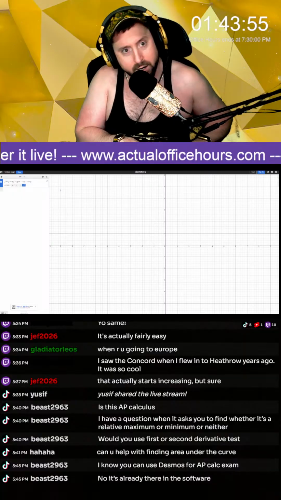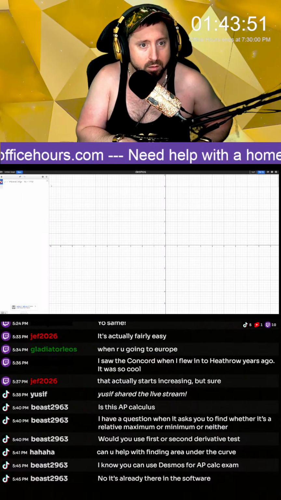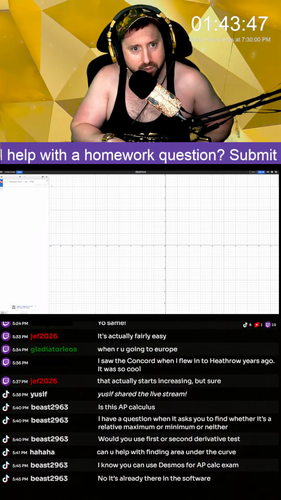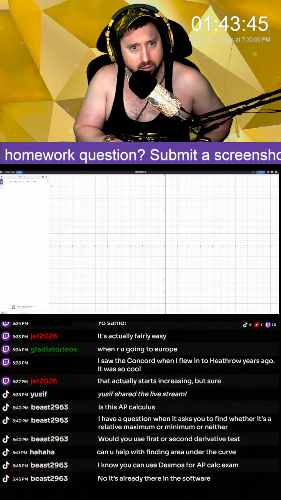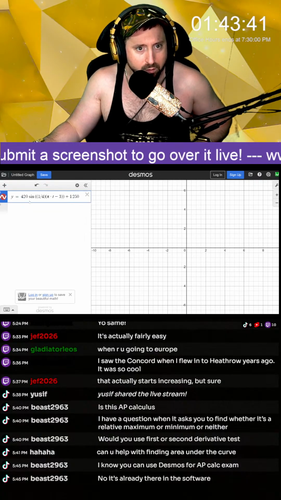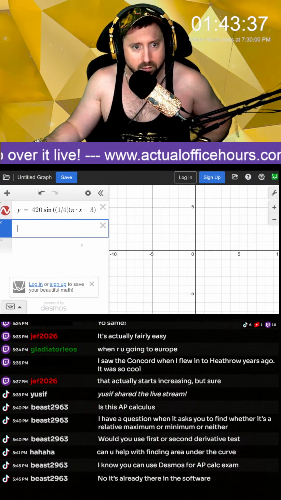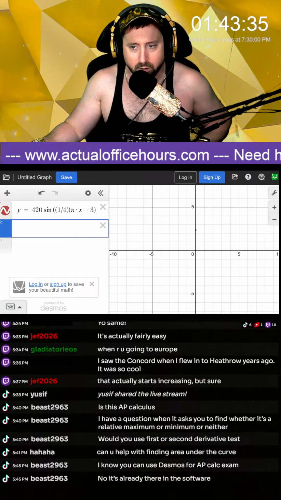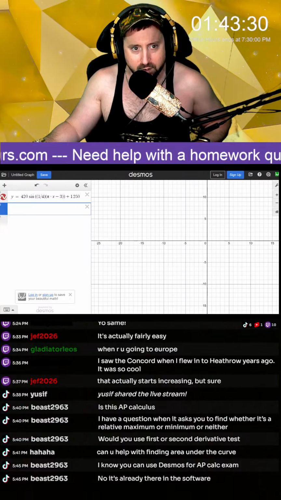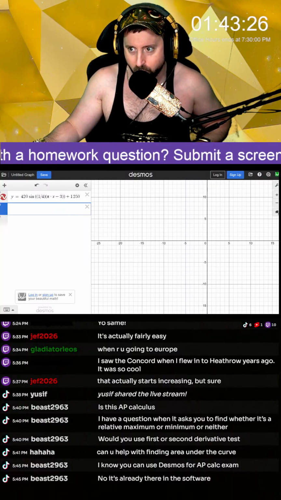I'm gonna do y equals, and then we have to make sure this is actually pi times t. And then I think you put a capital T to make it a slider. Wait, how do I get it to be a slider? I just use x, since t's our only variable. Okay, and then 420 plus 1250. So this already tells you that our window is way out of whack.